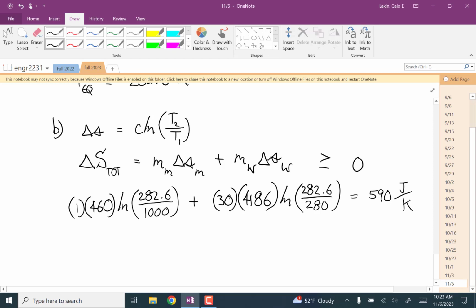What if your assumption was that it's going to go the other direction, start at 282.6 and then go back to 1,000 and 280? In both of those two terms, the fractions inside the log would switch, and so that has the effect of making the whole thing negative.